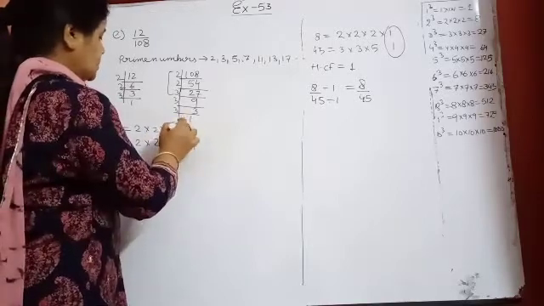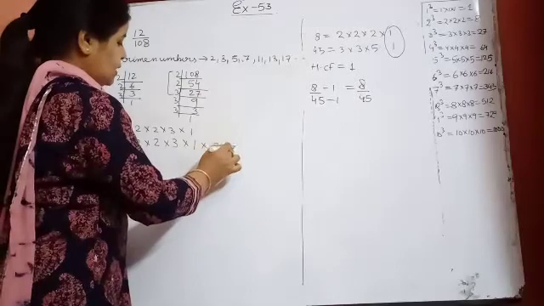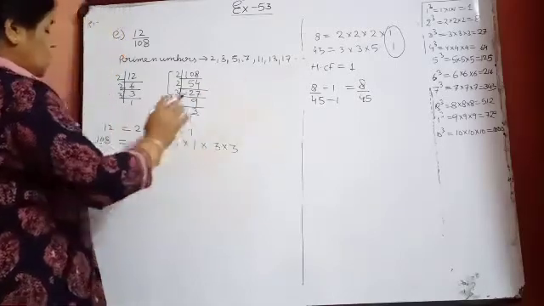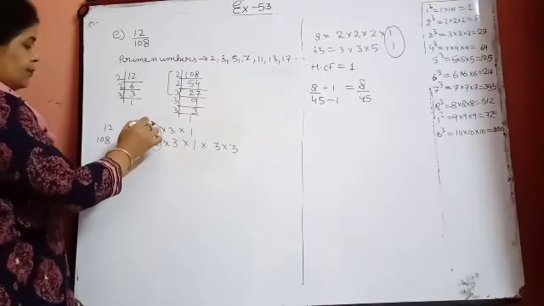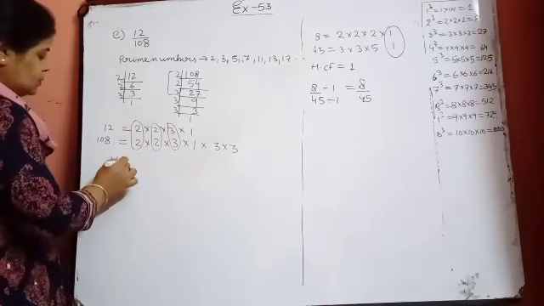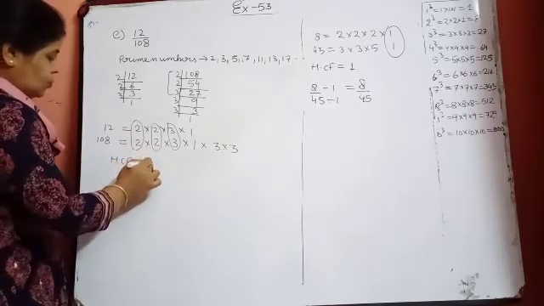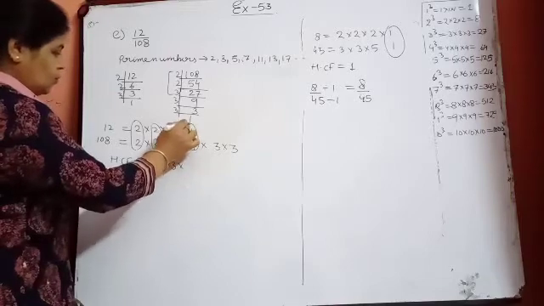I am writing 1 first, and then these extra 3s don't have any common factor, so they will go away. Now you can see what your SCF is. SCF is equal to 2 into 2 into 3 into 1.